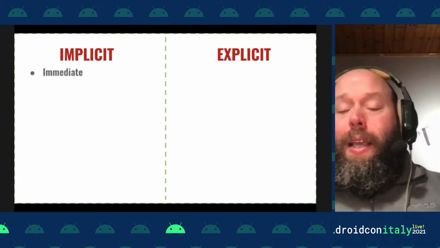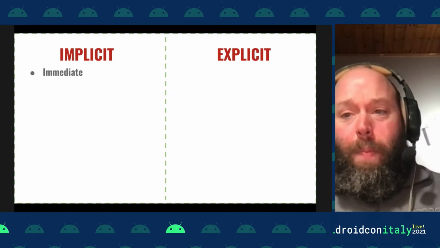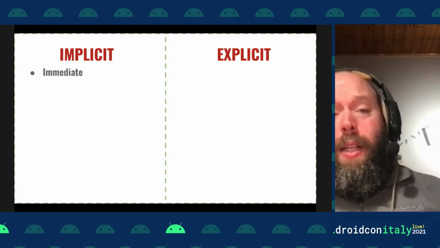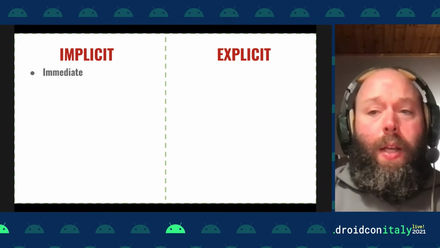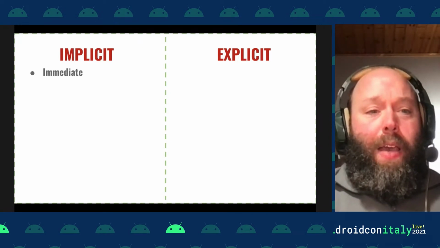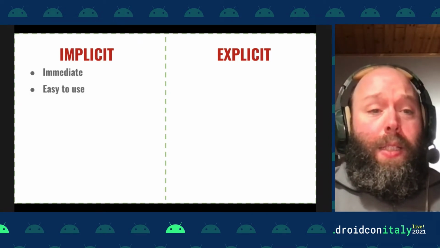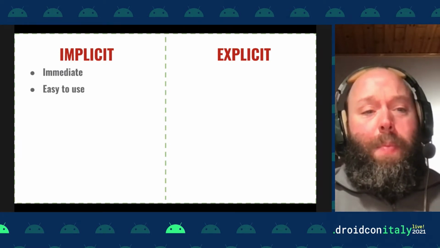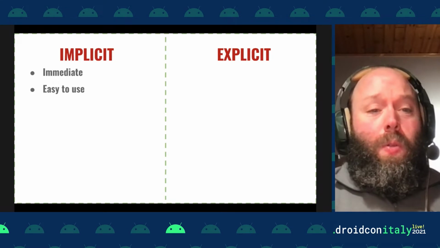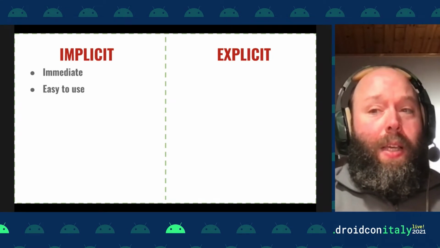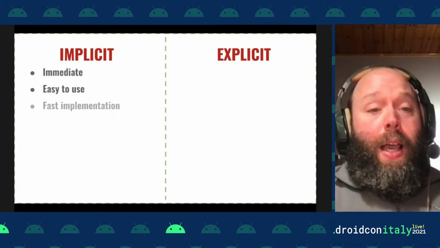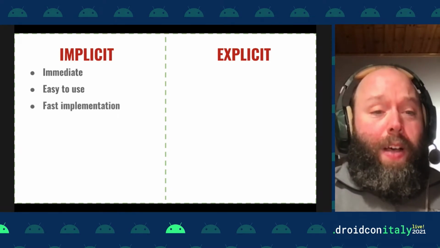The implicit ones are immediate and usable by the user. Basically, when you create an implicit animation, you directly see how it behaves, and it's really easy to use because most of the time it's just a change in a parameter, where you change a boolean just to say now this should animate to the other state, and it's incredibly fast.